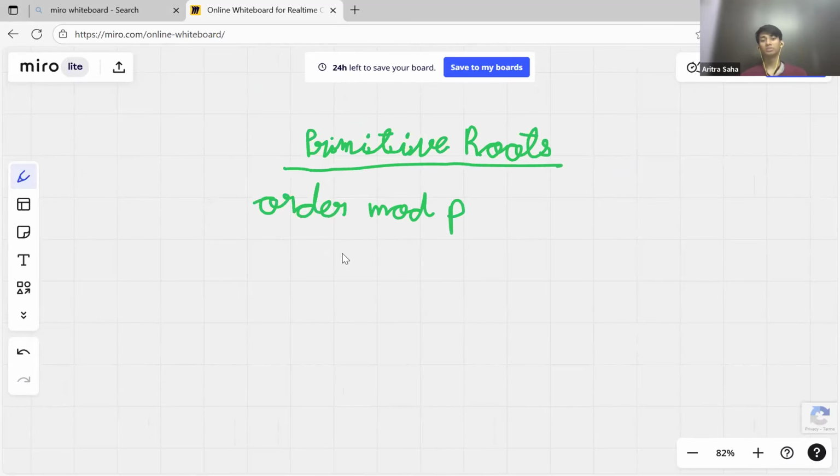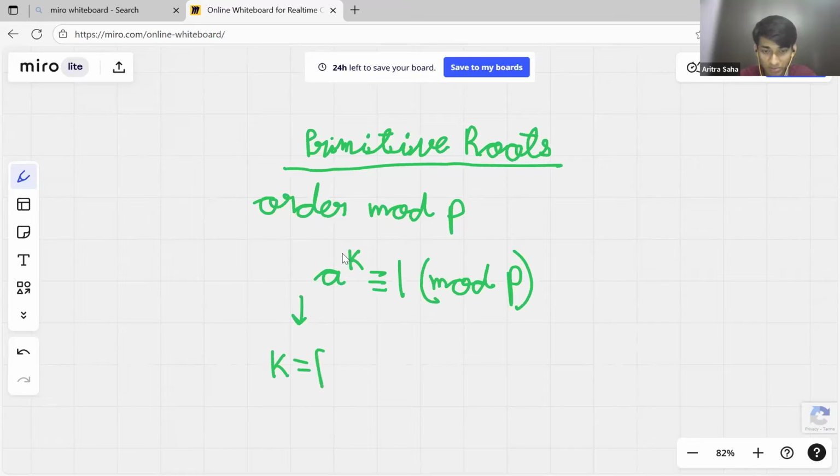What are primitive roots? We know that for some number a, a to the power k is 1 mod p, and k is the smallest integer. This is the order. So for some values of a, we get k equal to p minus 1.